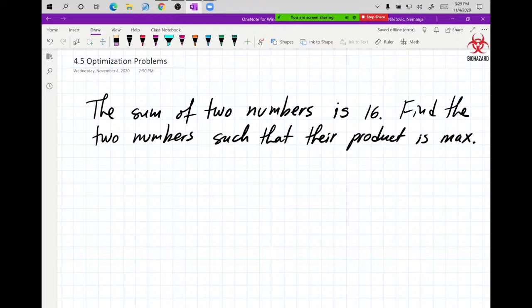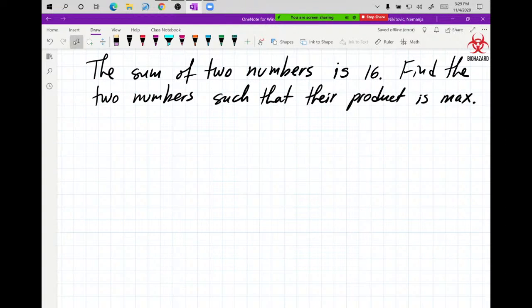So we can actually attempt to do this without any calculus, because, hey, the sum of two numbers is 16. Okay, that's easy. 0 plus 16 is 16. There are two numbers, 0 and 16. The problem is that 0 times 16 is 0. So, okay, let's go one up. 1 plus 15 is also 16.